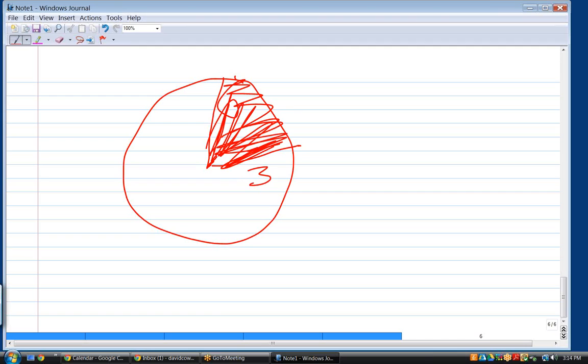And then it just has points A and B, where the right angle meets the outside. What's their question? Find the length of arc AB.